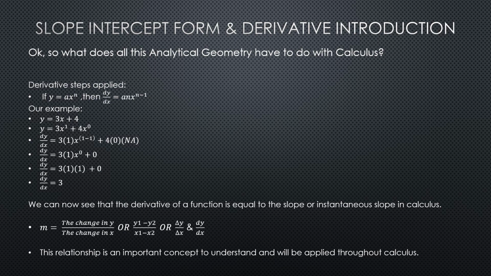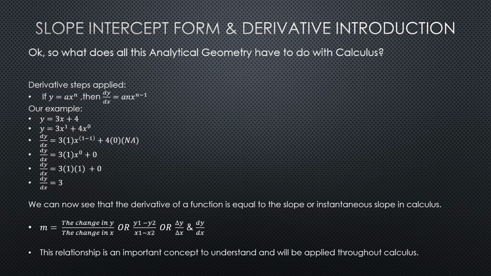So now the next line we see that we've got 3 times 1, and we're going to do the math of the exponents. So 1 minus 1 is 0, and then plus 0 from previous, and that gives us x raised to the 0 is equivalent to 1. So 3 times 1 times 1 plus 0. So we can see that dy dx, the derivative of our original function, is equal to 3.